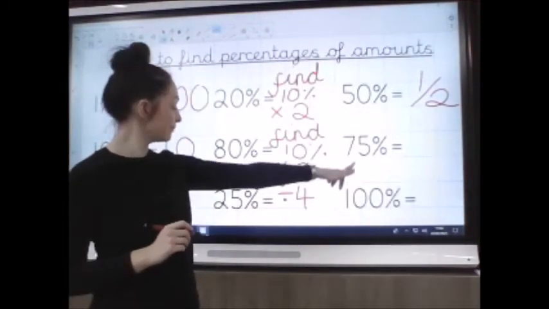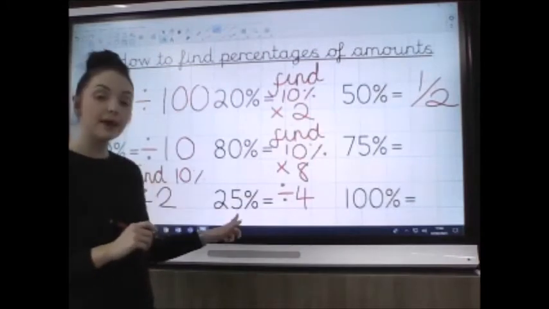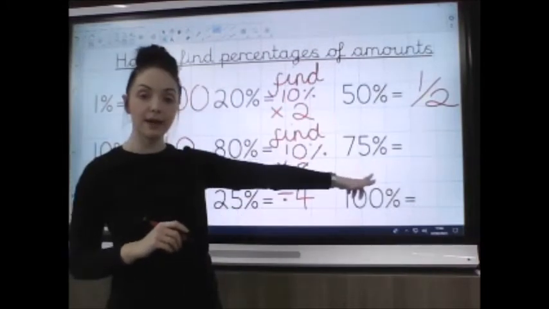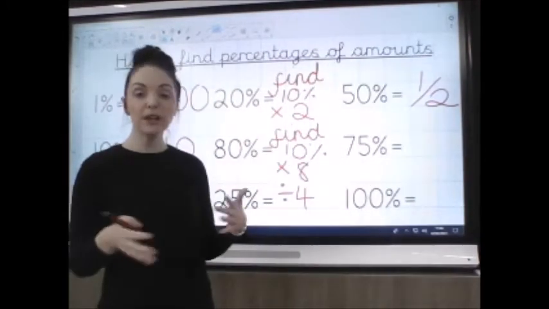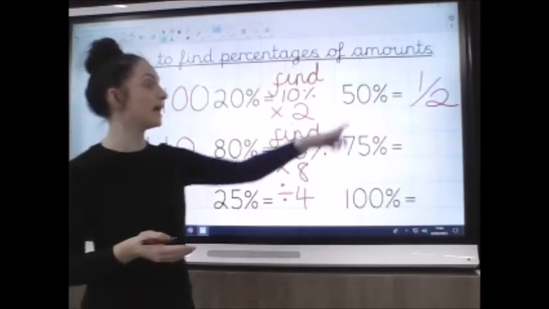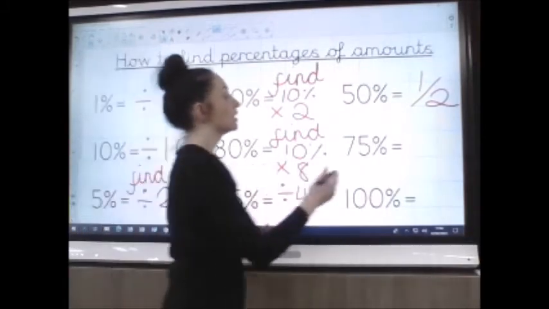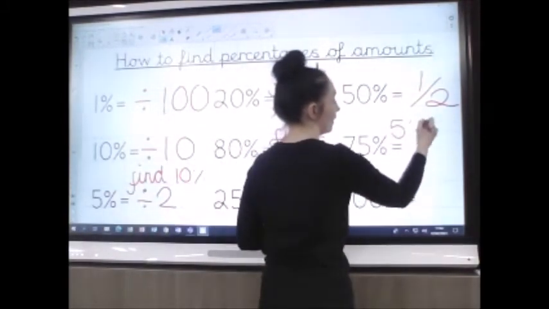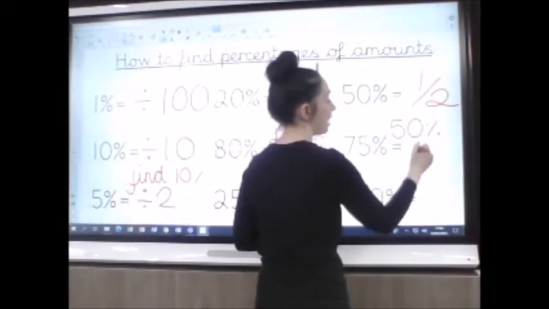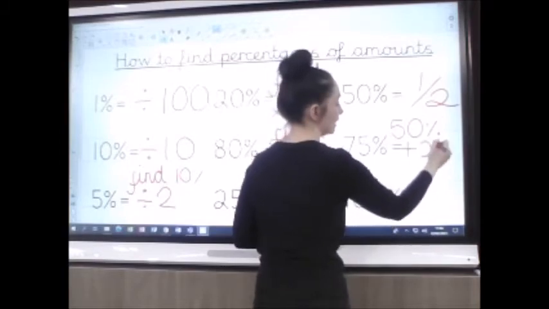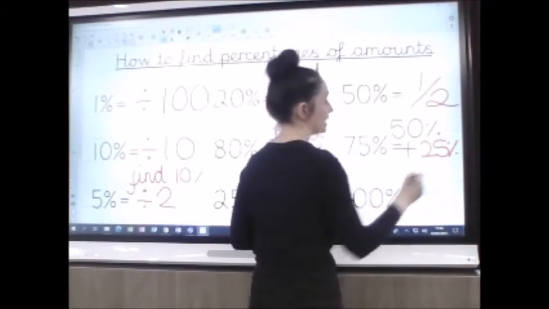75% then, you could divide it by 4 and times it by 3. There's a couple of different ways you could do this one. You could find 50%, find 25% and add them together. So 50% is half, isn't it? And then add 25%.